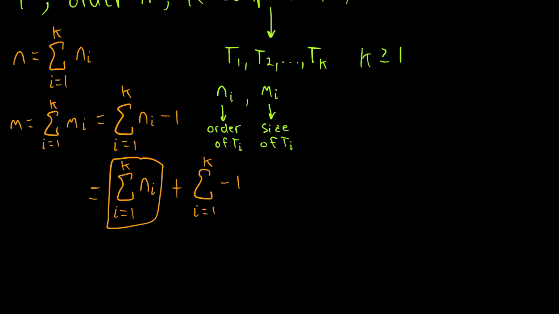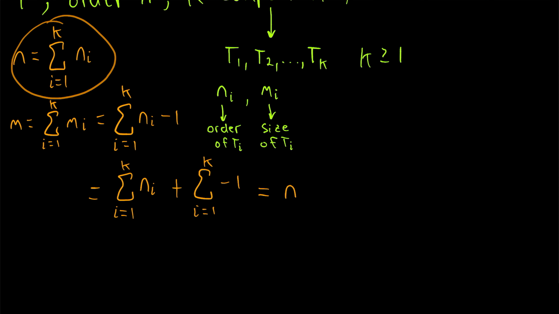This sum, the sum of all the vertices in the components of F, is certainly equal to n. That's the order of F. And then this sum, the sum of negative 1 k times, what's that equal to? That's equal to negative k. So this is equal to n plus negative k, which of course is equal to n minus k. And that completes the proof.